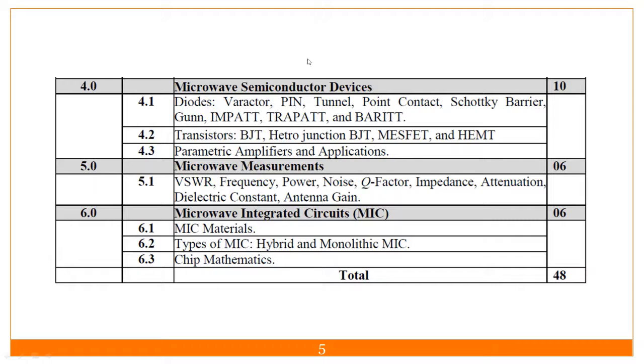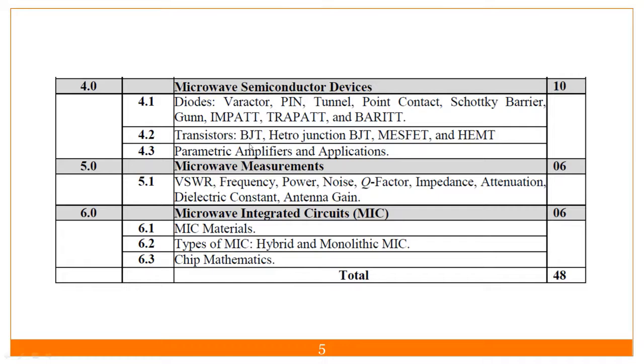The intrinsic layer acts as an insulator, so it acts as a capacitor, and the capacitive reactance is inversely proportional to the frequency. Like this, we have to deal with different semiconductor devices like BJT, heterojunction BJT, MESFET, HEMT, then the parametric amplifier in the application.